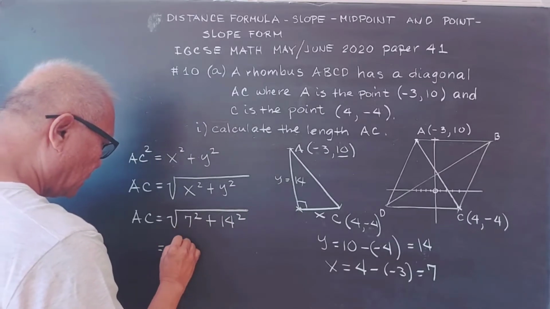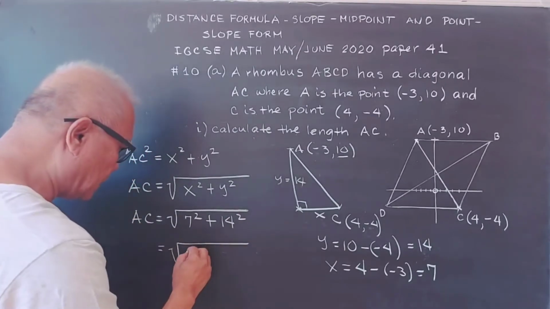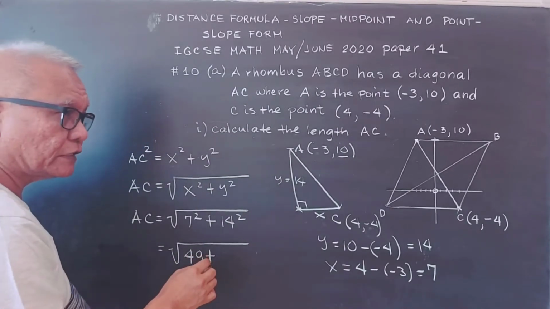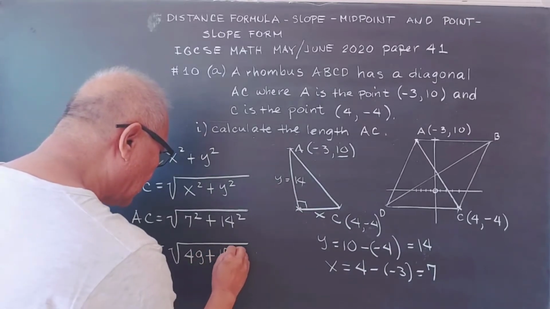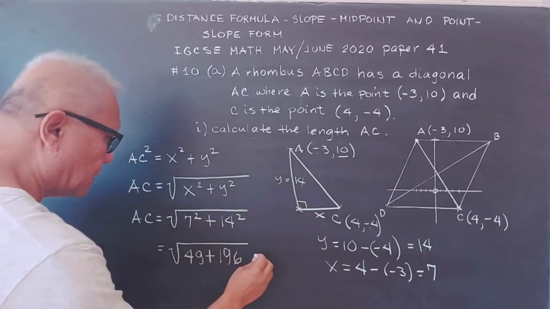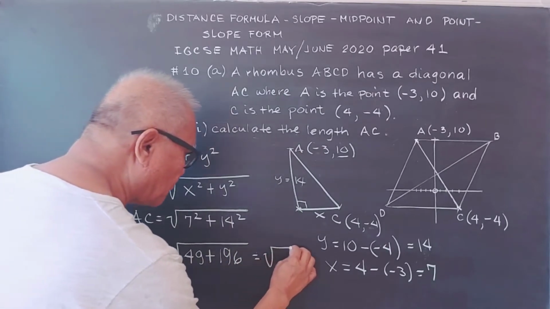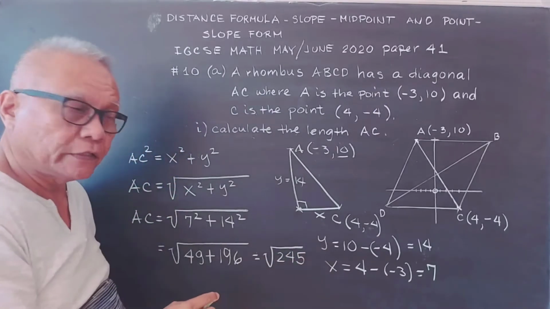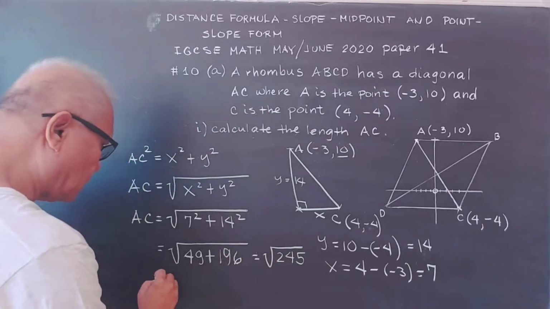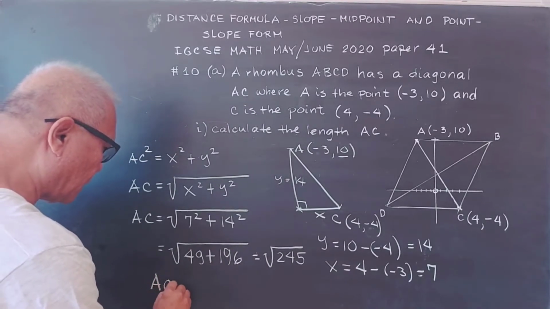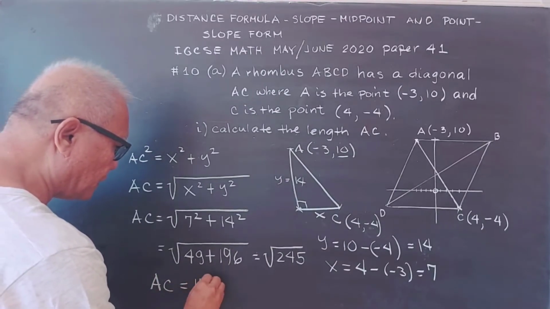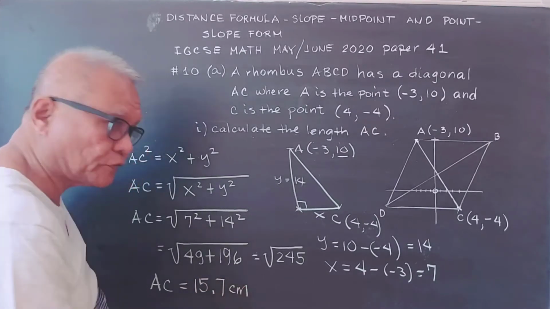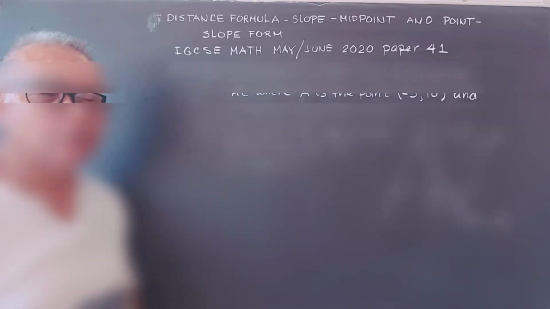So we have here 7 times 7 is 49 plus 14 times 14 is 196, and this one is equal to the square root of 245, and then finding the square root of 245, our AC is 15.7 centimeters up to 3 significant figures.